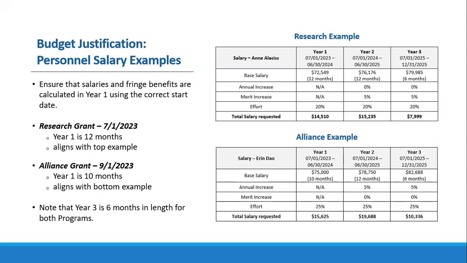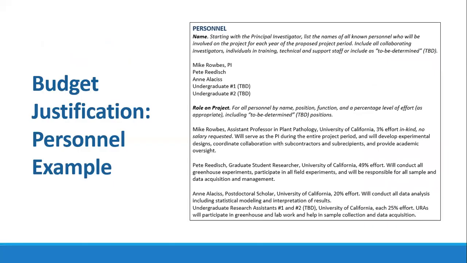The last part, could you repeat that again? Sure, talking about the in-kind contributions? Yes. Right, so going back to here, we could see an example in the first description for Mike Robes. His effort is listed as in kind with no salary requested.